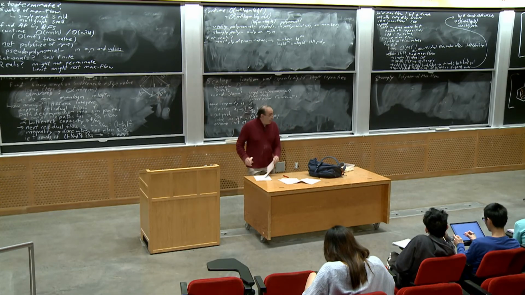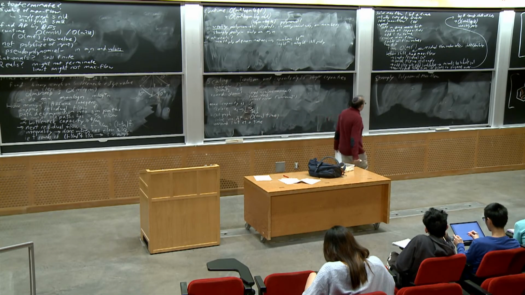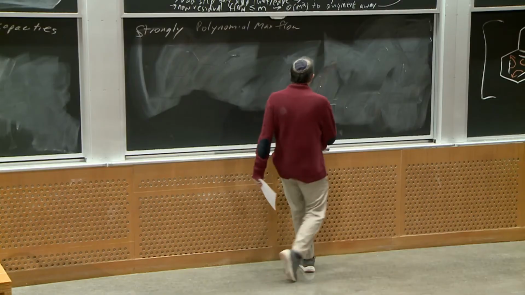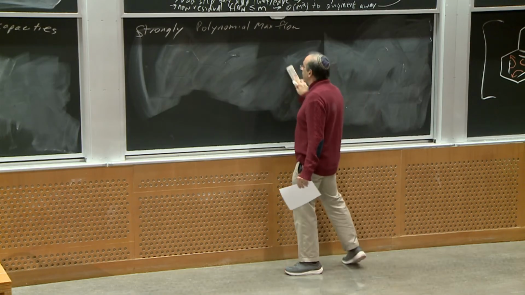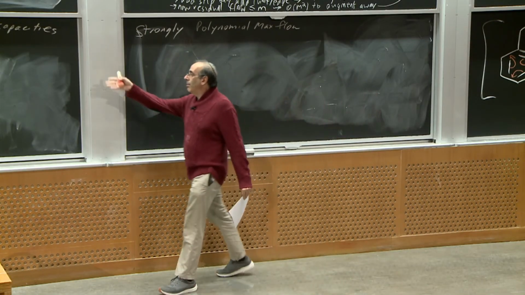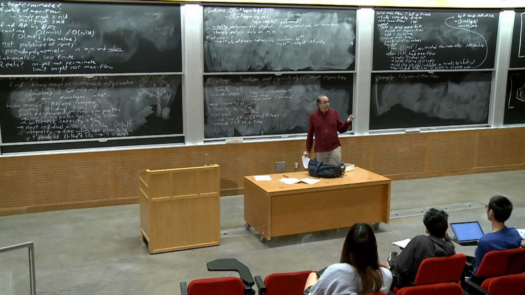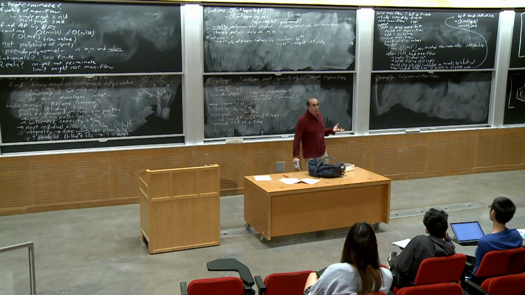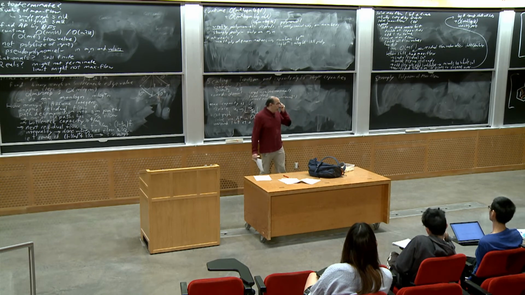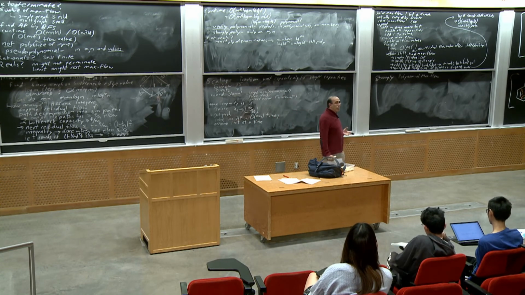So strongly polynomial maximum flow. If we want to be strongly polynomial, we're going to have to come up with a new idea. Everything about the algorithms that we've seen seems really tightly bound with the values of the numbers, and if something depends on the values of the numbers, you're by definition not strongly polynomial. So we need some other way of understanding progress.